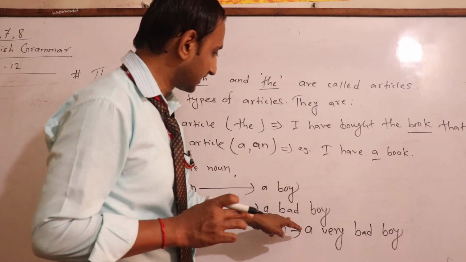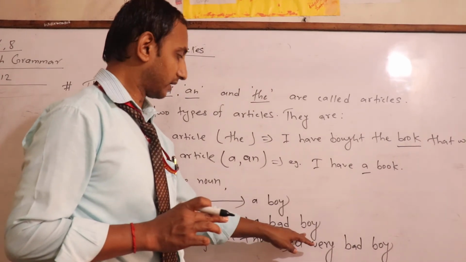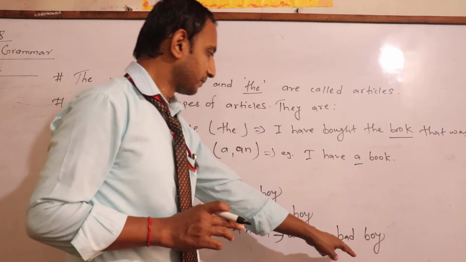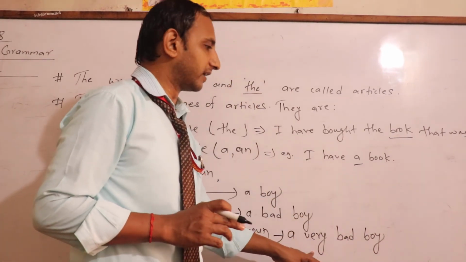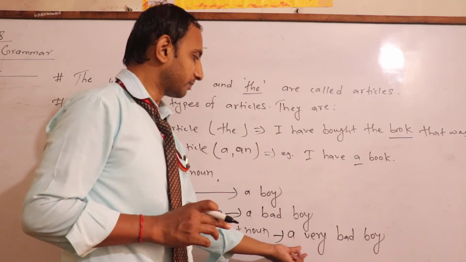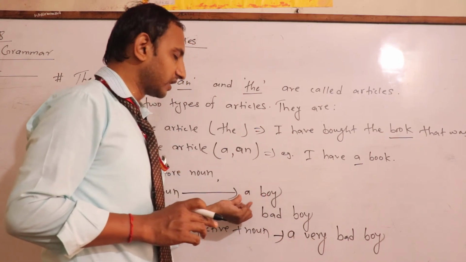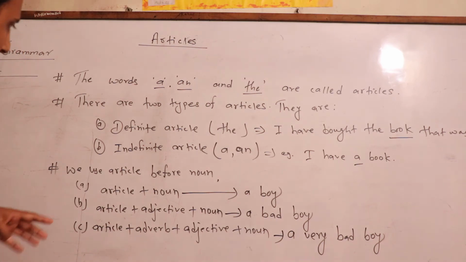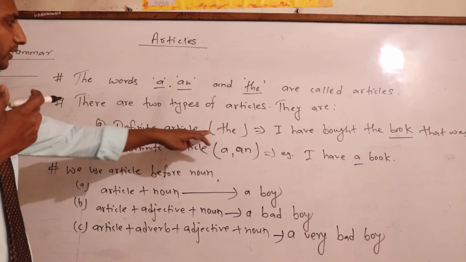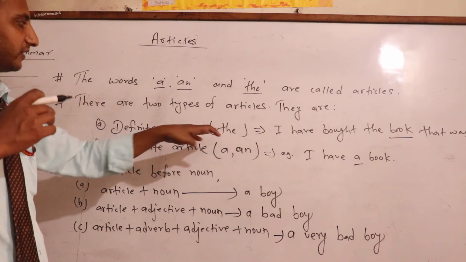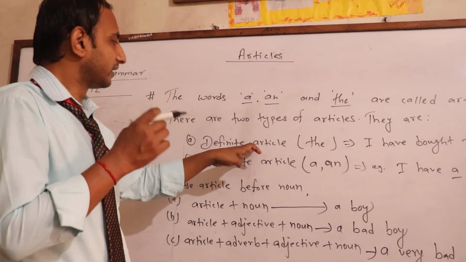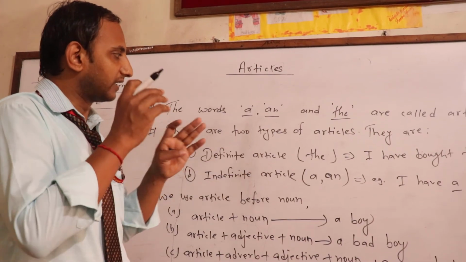If a noun is preceded by an adjective and adverb, then also we can use an article before the adverb, before the adjective, before the noun. So in this way, we can use articles in a sentence. Yes? Okay. So definite article means the.